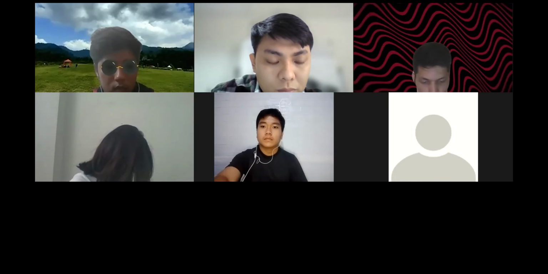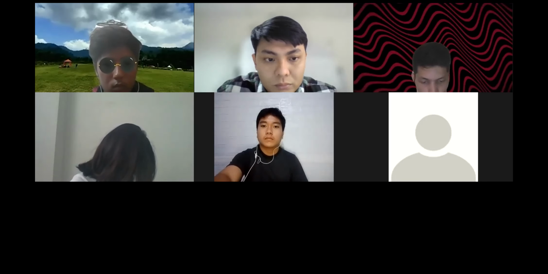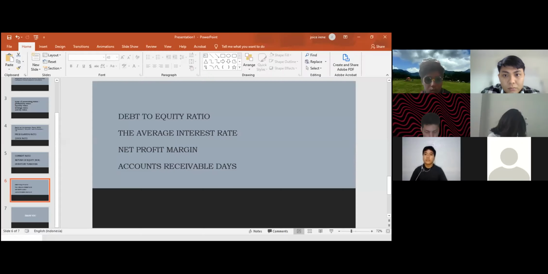And the next is debt to equity ratio. The debt to equity ratio shows the percentage of company financing that comes from creditors and investors. The formula is total debt over shareholders' equity.